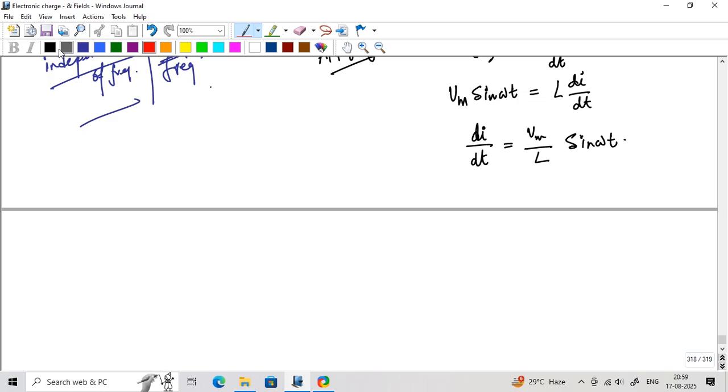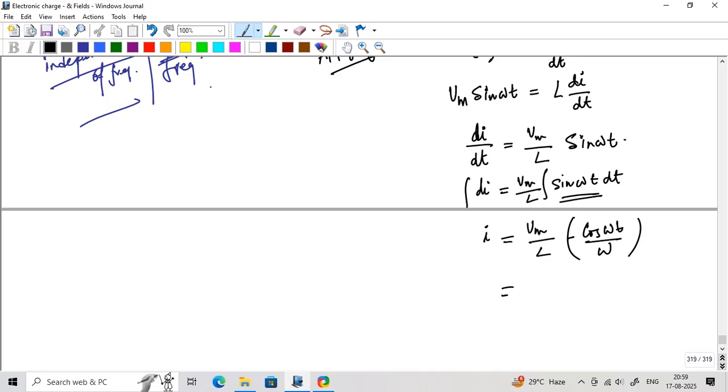If I integrate both sides, di equals Vm by L sine omega t dt. After integration, I equals Vm by L times the integral of sine, which is minus cos omega t by omega. So there is a minus sign.